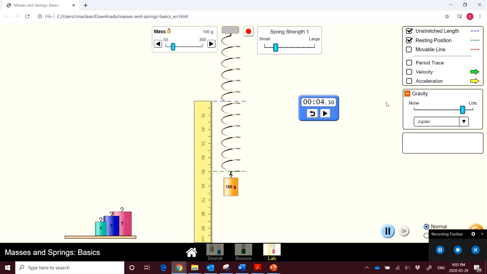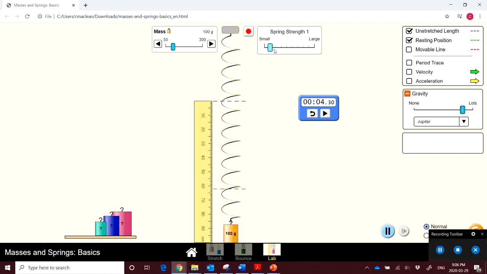So gravity, like we saw when we just did that derivation a minute ago, has no effect on the period of a spring. So you could actually, for example, build a clock out of a spring. If you knew exactly the spring constant that you needed for one oscillation to take 1 second, you could make a clock.